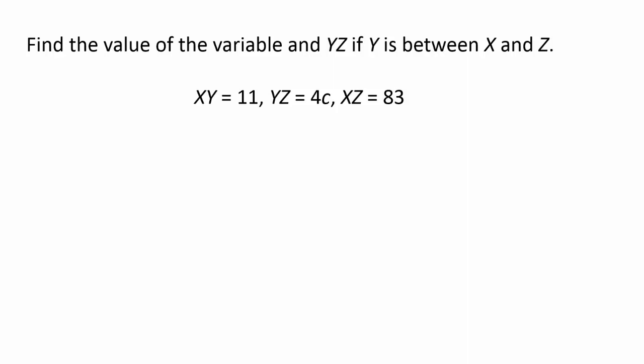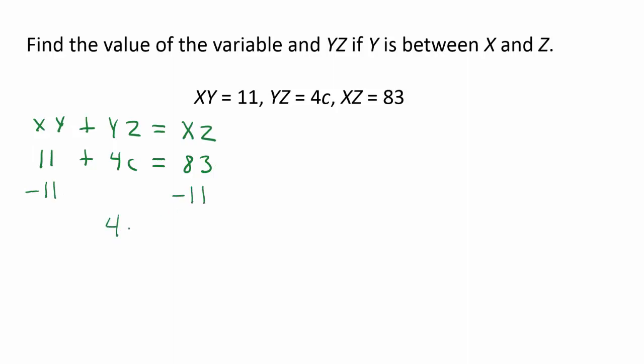So again, we'll start by writing our equation. XY plus YZ equals XZ. We're going to plug in 11 for XY, 4C for YZ, and 83 for XZ. And now all we have to do is solve for C. We're going to subtract 11 from both sides.